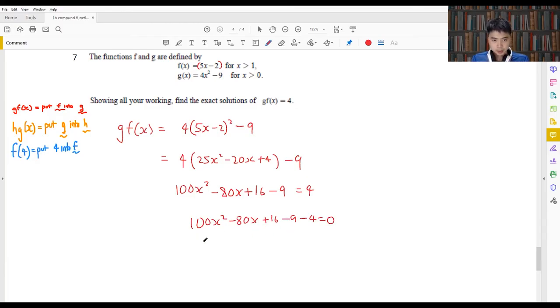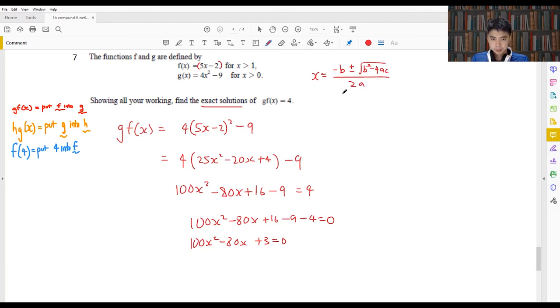Now, from here, 100x squared minus 80x plus 16 minus 13, you would have plus 3 equals to 0. From here, since they asked us to find the exact solution, that means we need to use our quadratic formula, which is x equals to negative b plus minus the square root of b squared minus 4ac over 2a.